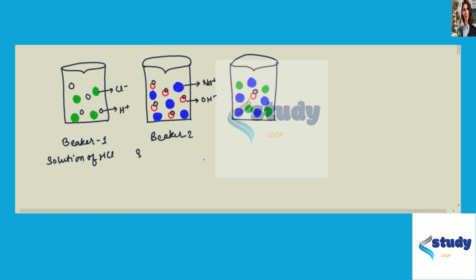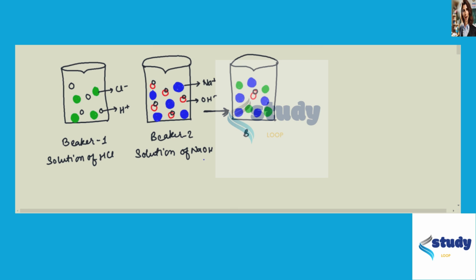This is a solution of NaOH. So this basically contains H plus and Cl minus ions, given in the problem. So can we say that this will give us beaker 3?